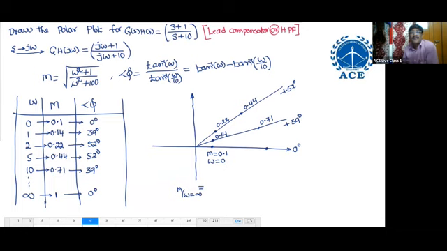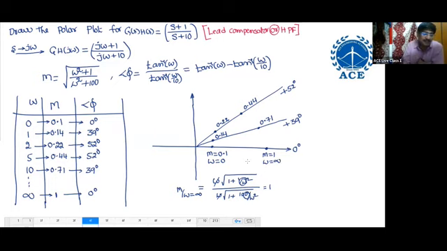In the numerator, taking omega common, I get 1 plus 1 by omega square. The denominator also takes omega common, giving 1 plus 100 by omega square. The omega cancels. At omega infinity, 1 by infinity is 0. So root 1 by 1 means 1. That means the magnitude is 1 at omega infinity.